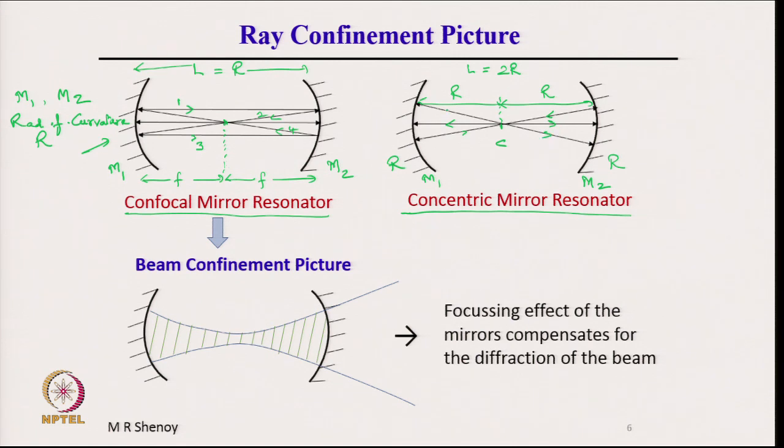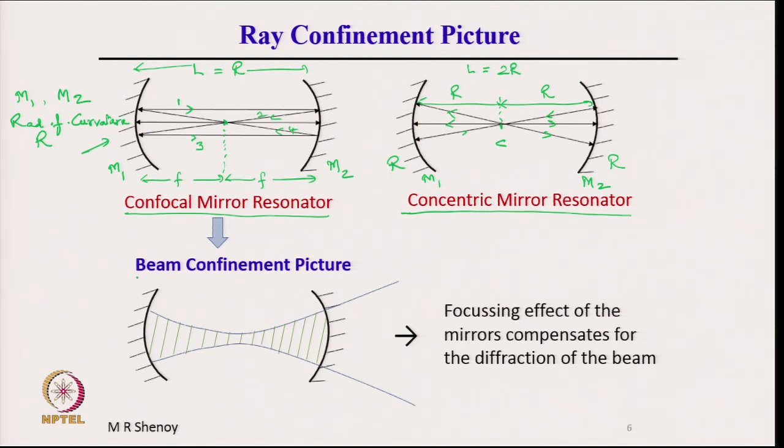So, that is what is being shown here. In other words, the ray will get indefinitely trapped by going back and forth. So, this is called the ray confinement picture, which tells us that certain resonators can be stable resonators, where the energy can build up or resonate.